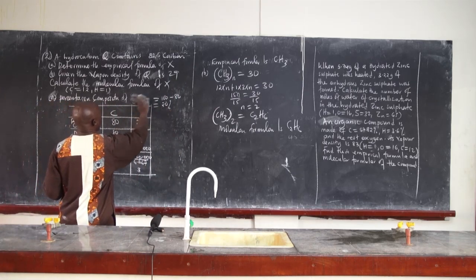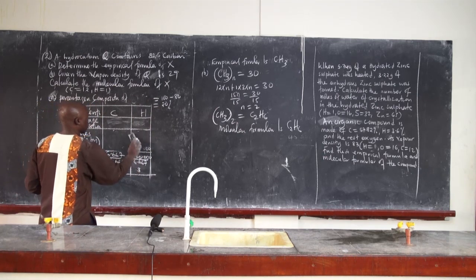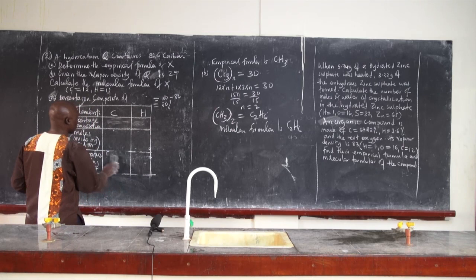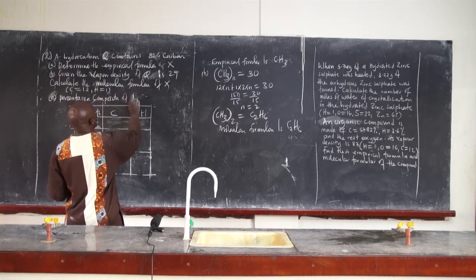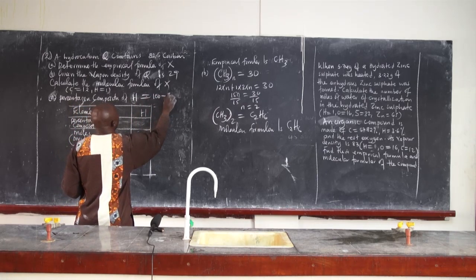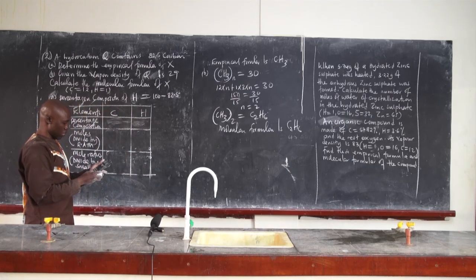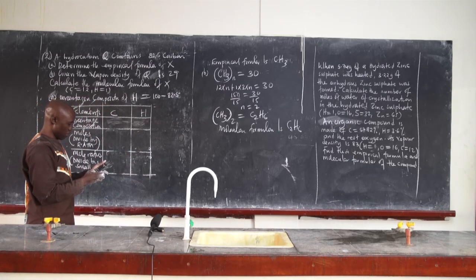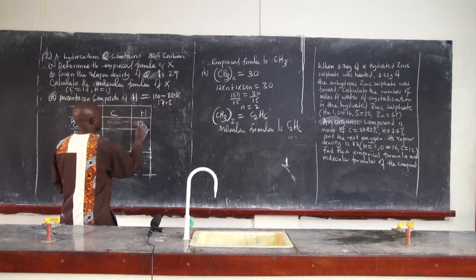So the percentage composition of hydrogen will be 100 minus 82.5, which gives us 17.5.